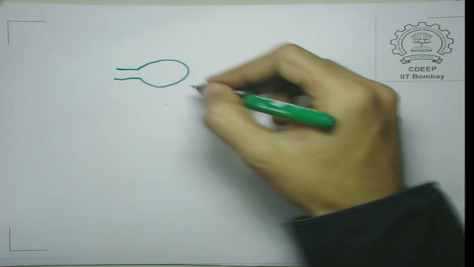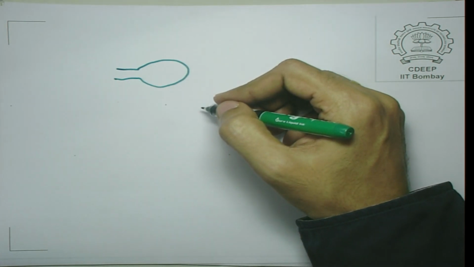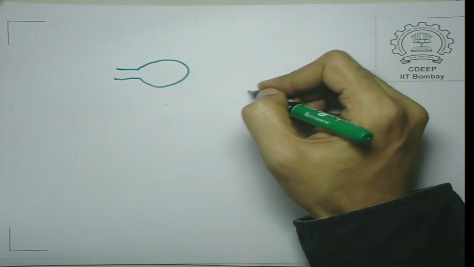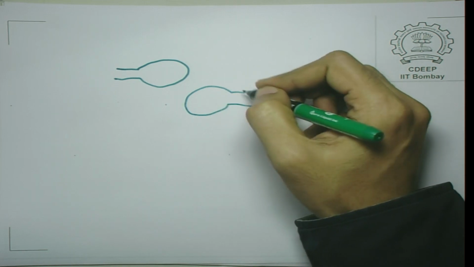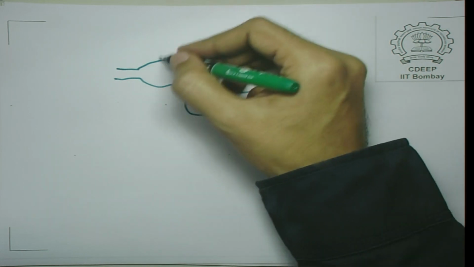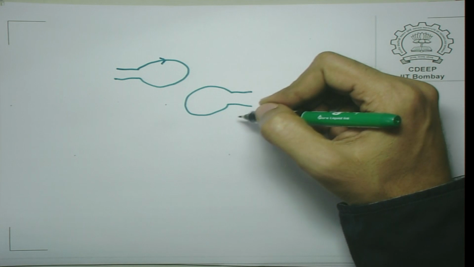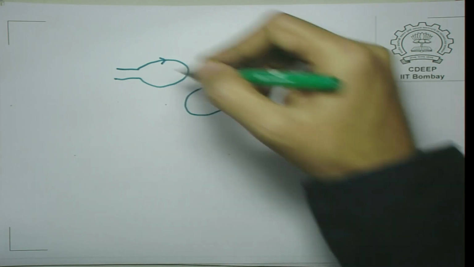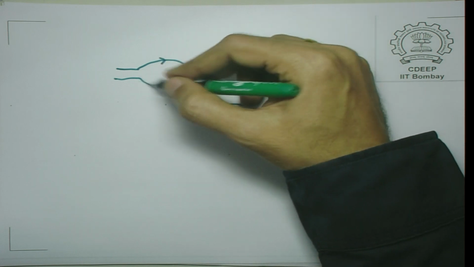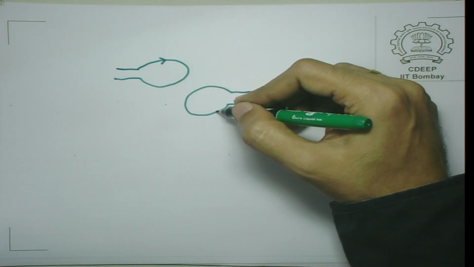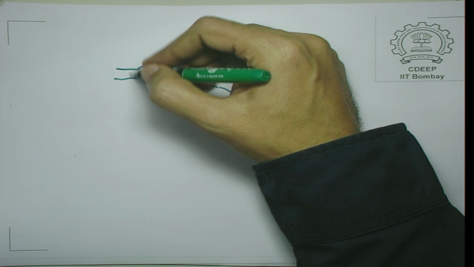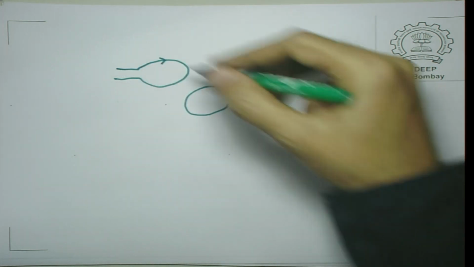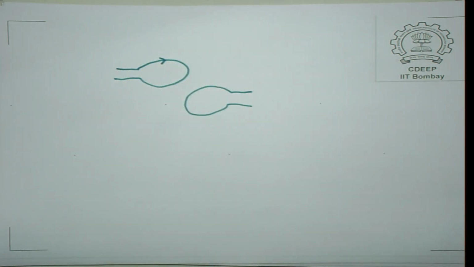If you have got two coils, just for the time being, let us assume these are single turn coils, and another coil here, the current in this coil causes a flux in this coil. So, you have a voltage drop here because of this current flowing here. Okay, and similarly, if you have got a current flowing here, you will have a voltage drop here because there is a flux caused by this current in this coil. So, this is known as a mutual inductance effect.